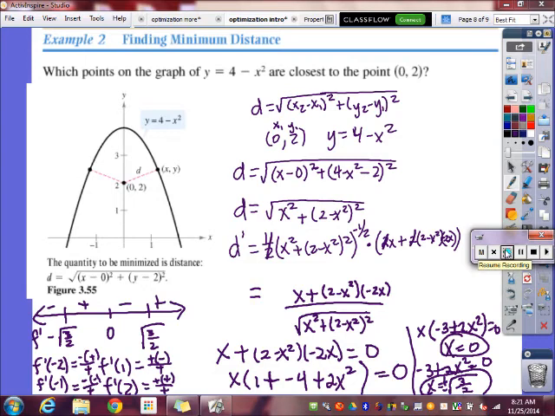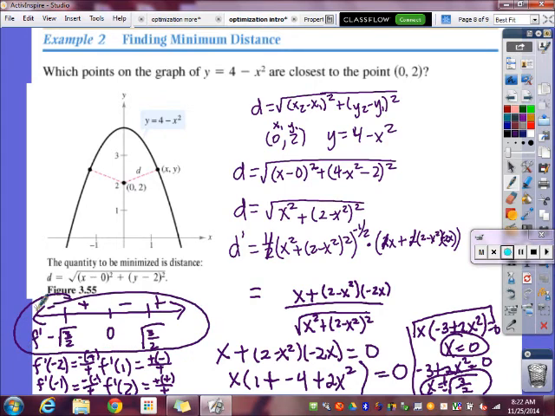Looking at the signs of everything, we know the denominator is always going to be positive. Then I use the factored form here to determine the sign of the numerator, and through that I created this sign chart. I can see that it goes from decrease to increase, increase to decrease, decrease to increase.